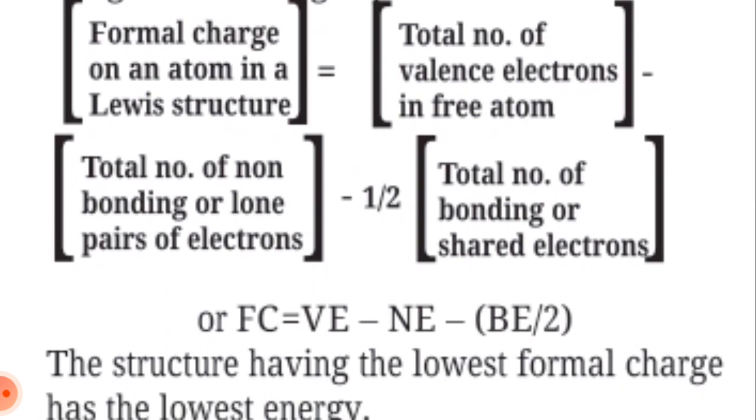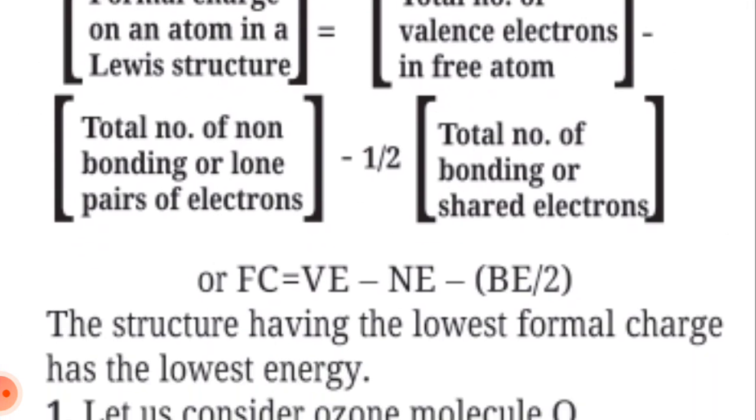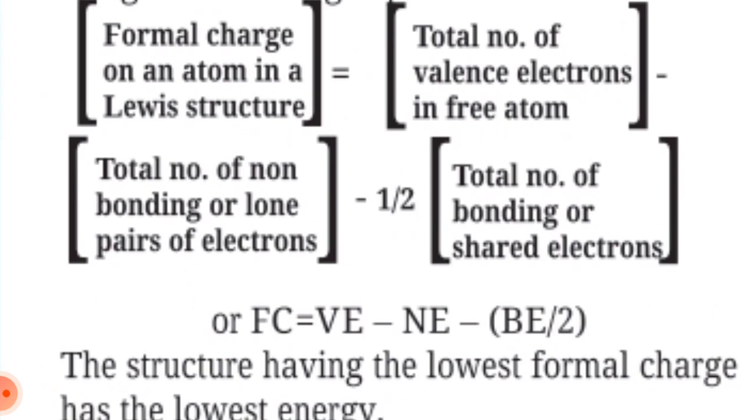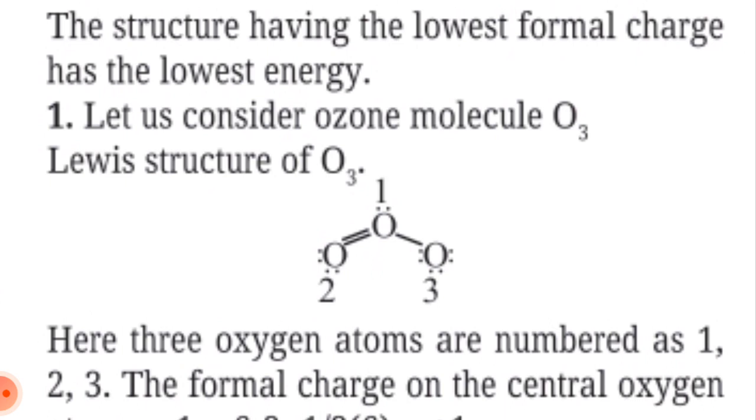Formal charge on an atom in a Lewis structure is equal to total number of valence electrons in the free atom minus total number of non-bonding or lone pair electrons minus 1 by 2 times the total number of bonding or shared electrons. Structure having the lowest formal charge has the lowest energy.